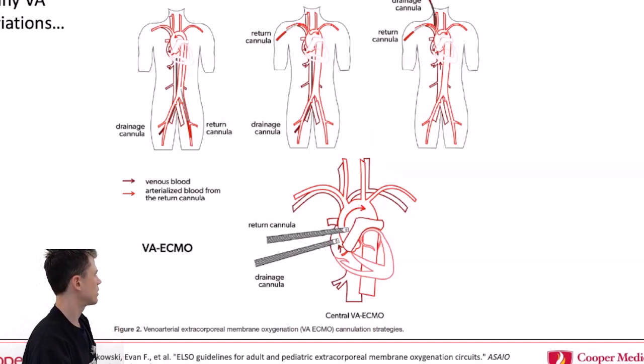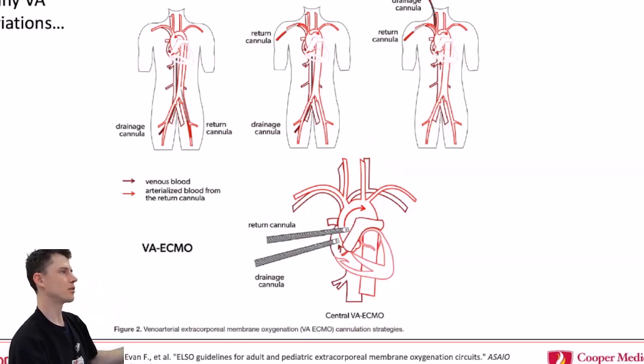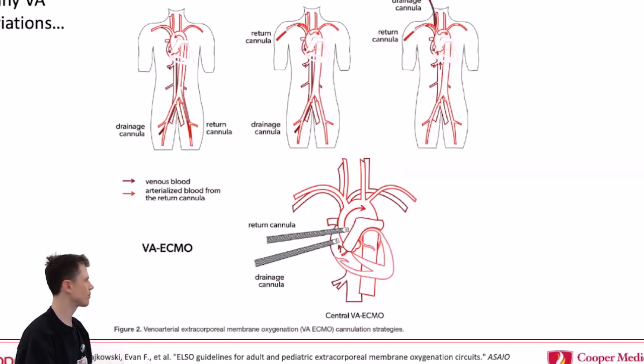Then you could think about peripheral jugular axillary VA ECMO. This might be more like a child, or depending on the vasculature. I haven't seen this personally here. And then we have the central cannulation. So there are lots of ways that you can do it, and it's really about drawing it out and thinking about where that blood's coming back, to think about what the physiology looks like in that setting.